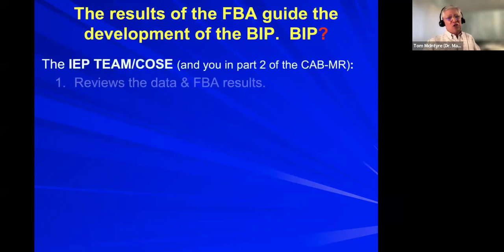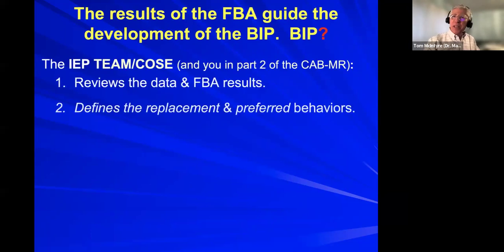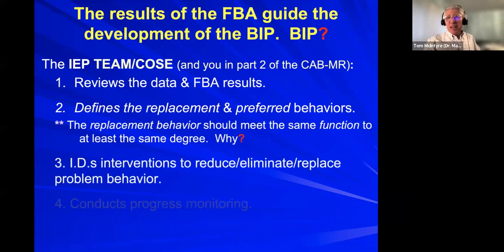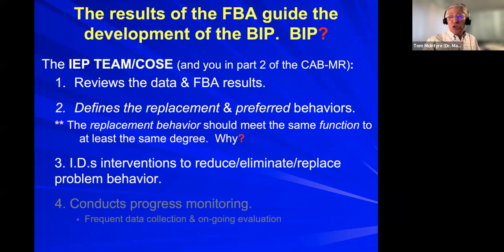And indeed, if the student has a disability in the area of behavior, then in that IEP, after our functional behavior assessment has determined a disability in the area of behavior, we've got to write up a BIP. Hopefully that also comes back to mind from SPED 700.5.